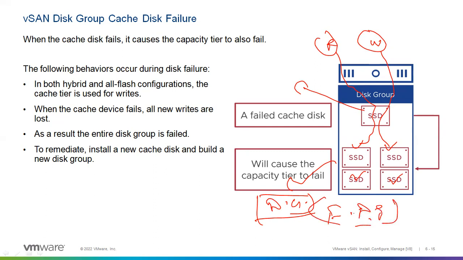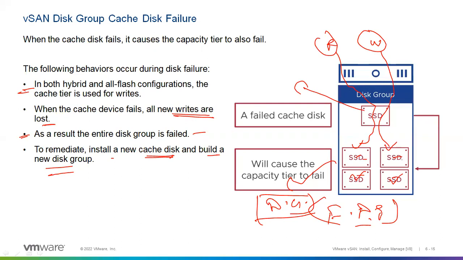Whether it's all flash or hybrid does not matter. When the cache drive fails, all the new writes or reads will be lost. As a result, your disk group is failed. To remediate, install a new cache drive. Read it carefully: install a new cache drive and build a new disk group. You cannot leverage it as is.